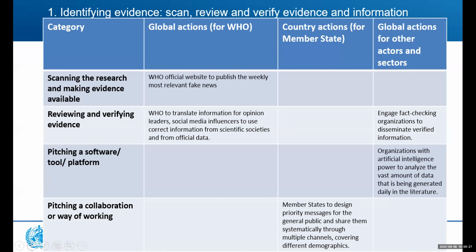And for other actors, to really engage fact-checking organizations to disseminate verified information, and to use artificial intelligence power to analyze the vast amounts of scientific data generated in the literature, to see if we can more efficiently analyze that and more quickly take out the interesting information that needs to be spread through the community. So we can go to the next one.